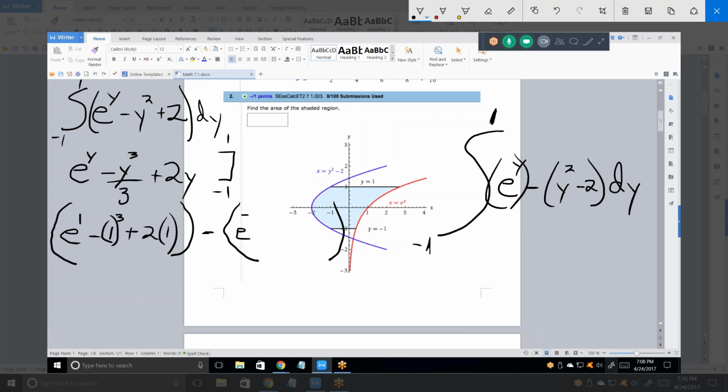So e to the -1 minus a -1 cubed. Oops, I forgot the 3 underneath, didn't I? There's the 3. Here's the 3 here. And finally, plus 2 times -1.